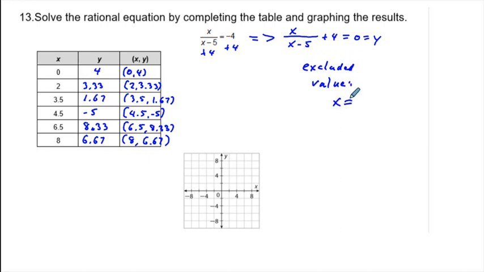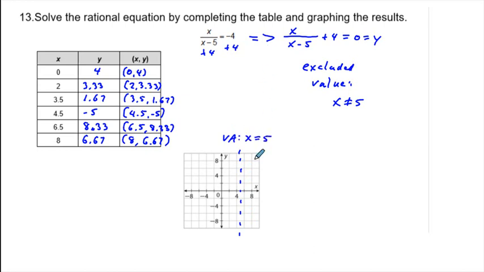In graphing, x equals 5 becomes our vertical asymptote when we graph this, and that's going to help to conceptualize when we're graphing. So vertical asymptote, x is equal to 5.